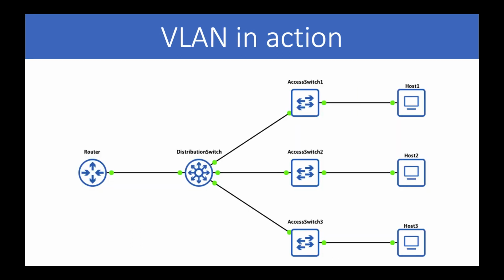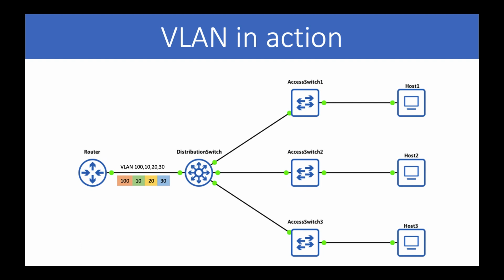Let's see VLAN in action now. If we wanted to have three separate VLANs for each of our host 1, 2 and host 3, we can configure it in the router as VLAN 10, 20, 30, and we can have a separate VLAN 100 for management of our infrastructure. That is for management of our distribution switch and our access switches.